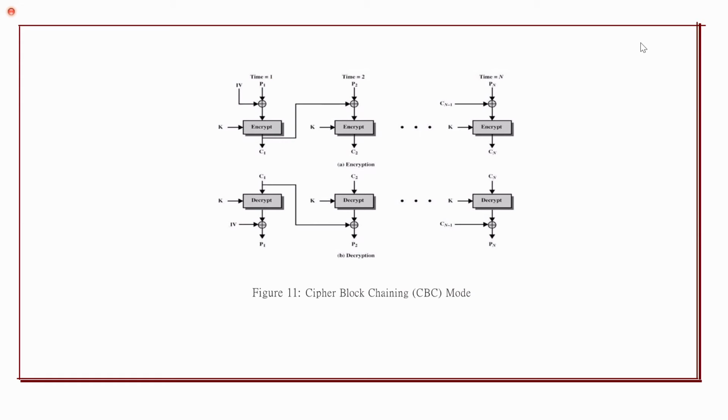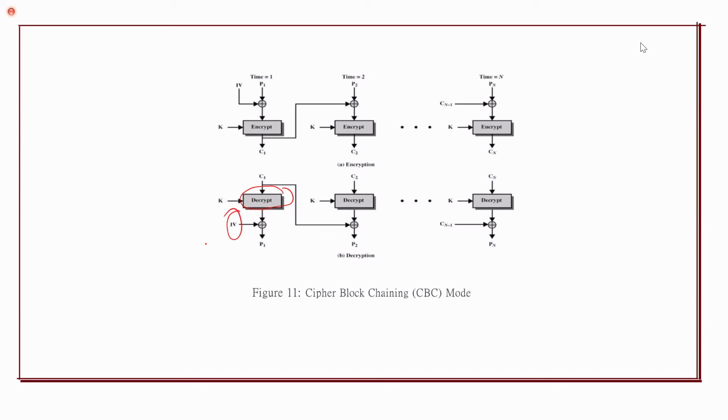At the decryption side, first it takes a block of 64-bit ciphertext and gives it directly to the decryption algorithm. Whatever data is generated is XORed with the initialization vector.